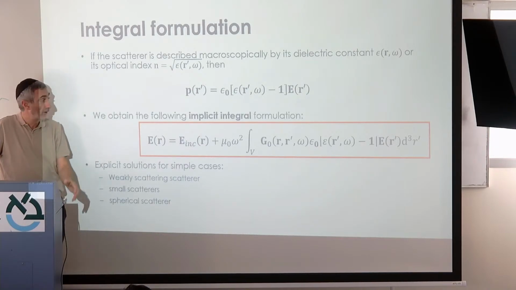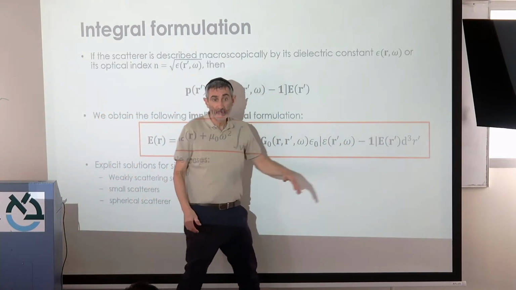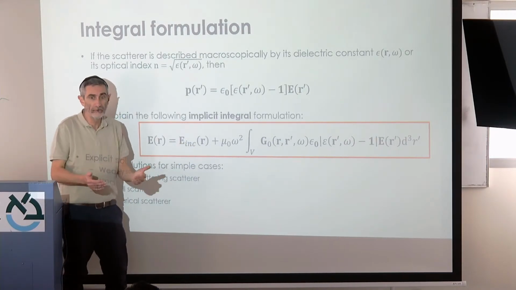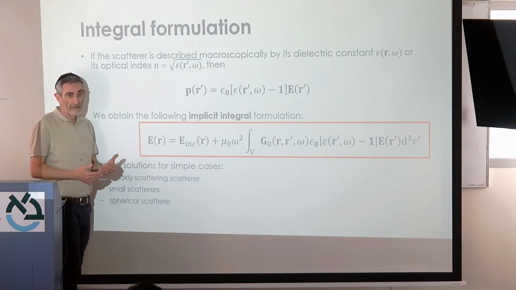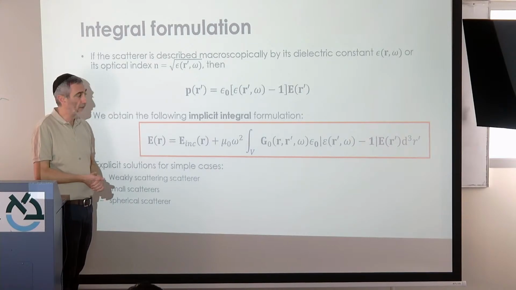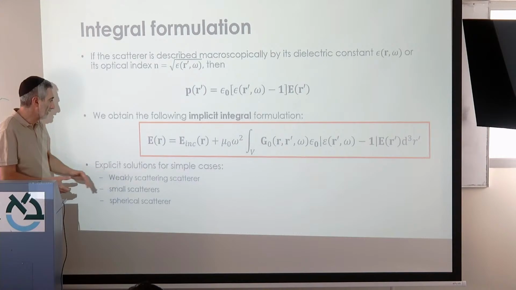The first step, obviously, is to say that the field inside the scatterer is simply the incident field. That would be like the first order approximation, to say that the scatterer is just traversed by the incident field. So that's the case of weak scatterers.